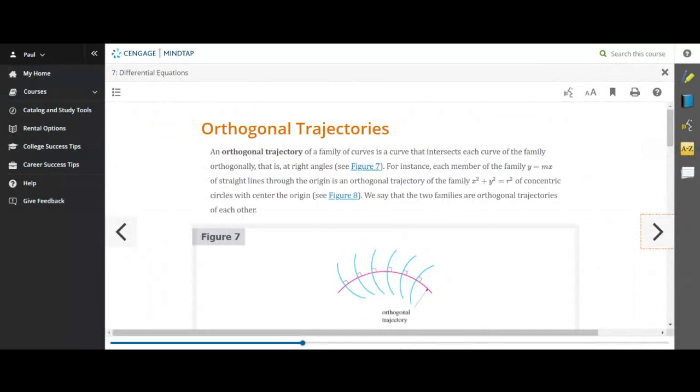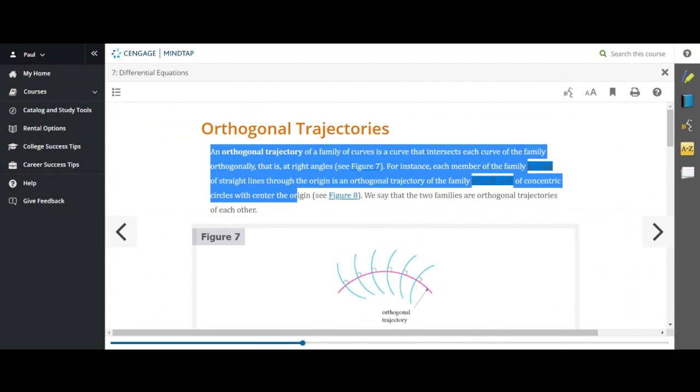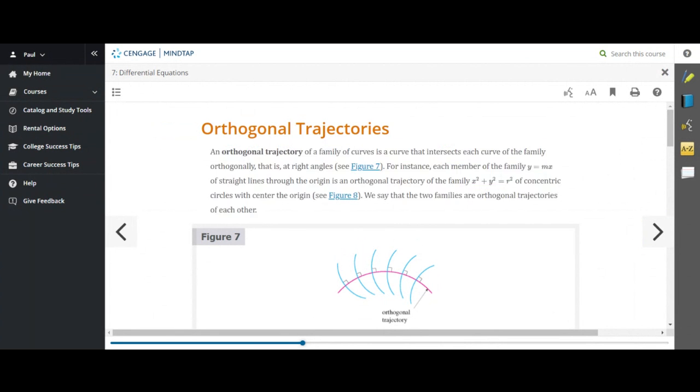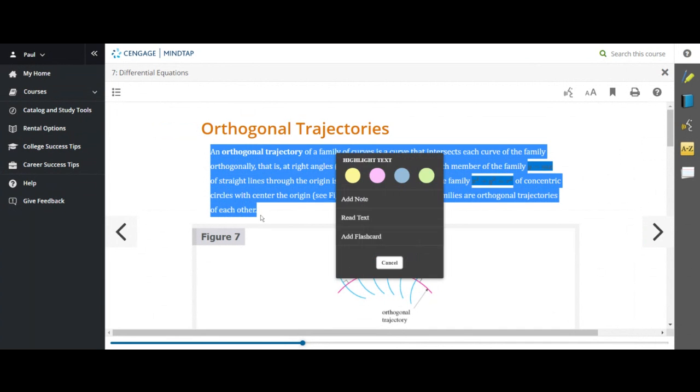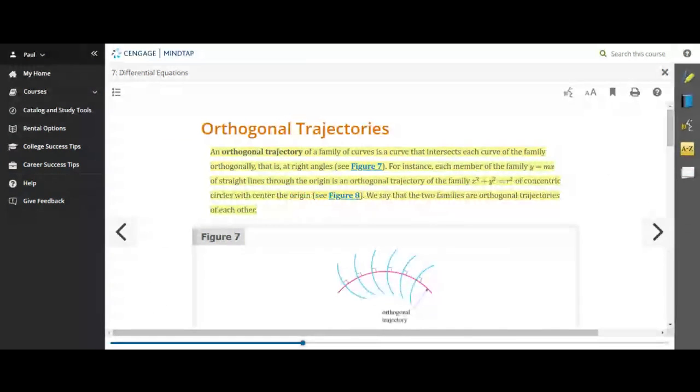Okay, so something I want to talk about here is orthogonal trajectories. Okay, an orthogonal trajectory, and I'll highlight this. Hold on here, class. An orthogonal trajectory is a curve that intersects each curve of a family orthogonally, or at right angles.